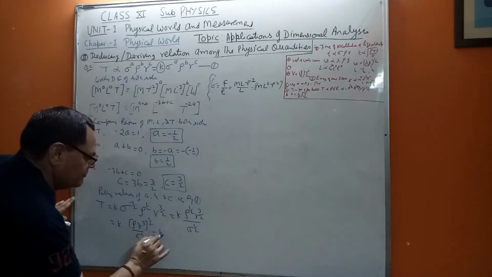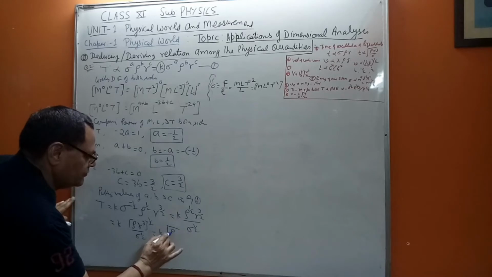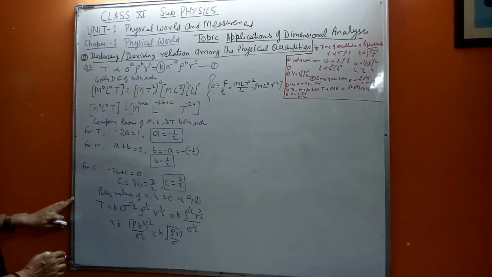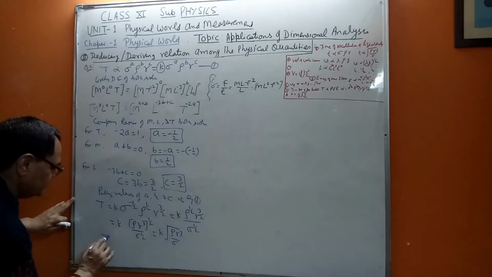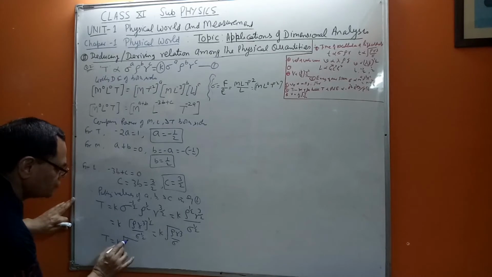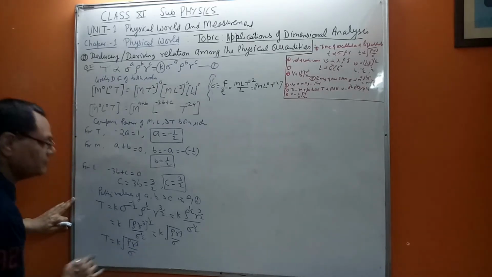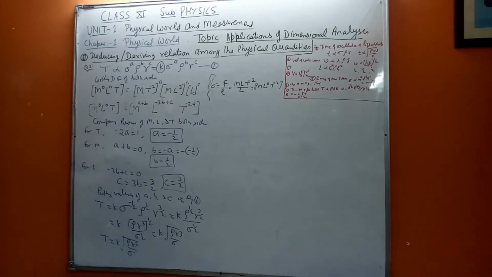So this becomes K times the square root of rho R cube upon sigma. As I told you, this is the relation, basically K is equal to the square root of rho R cube upon sigma. Clear? So this is basically the dependence.